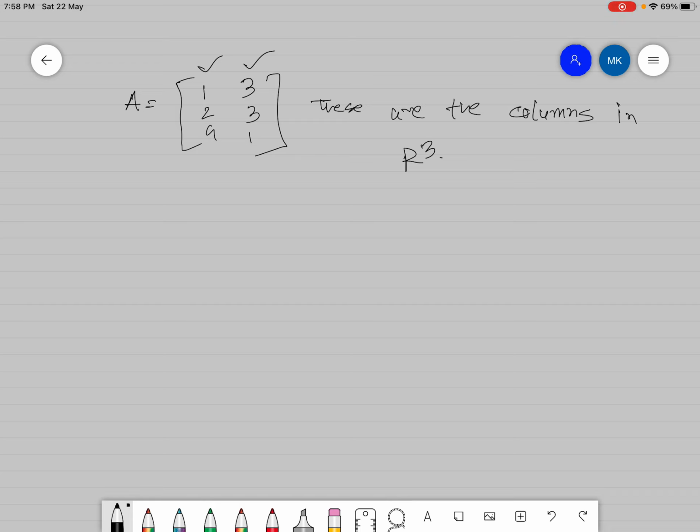Okay, we'll go to column space later, but think about this. Suppose we have R3, and let's say we define this one as green and this one as red.